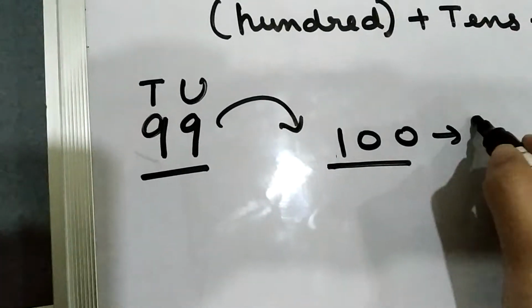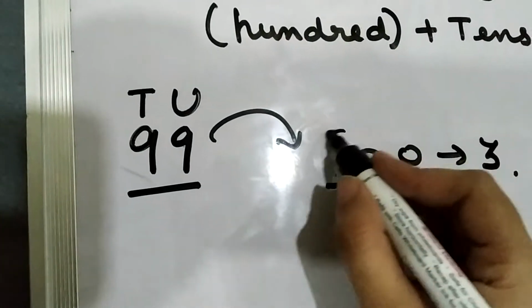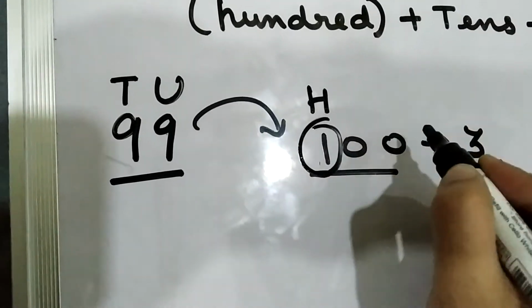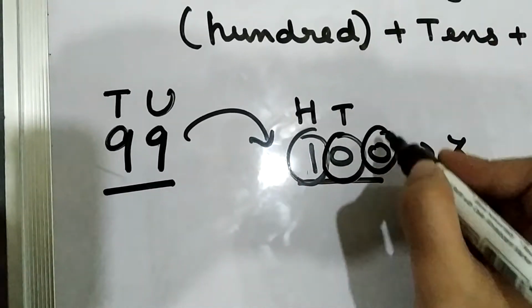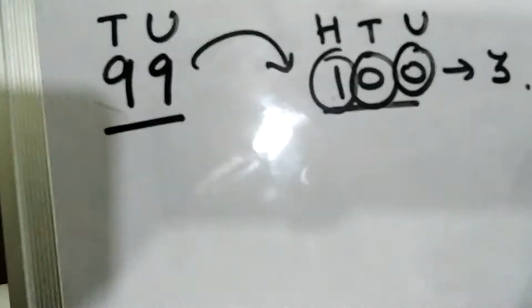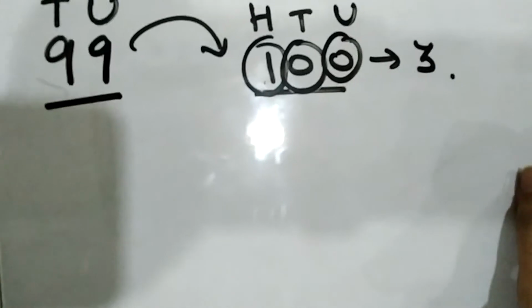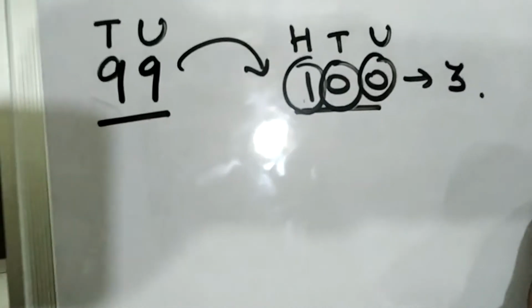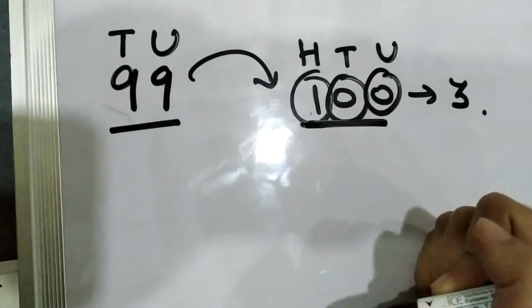So now things change. This position is your hundreds position, this is your tens position, and the last one is your units position. We have 3 digits over here, so that is why we include the hundreds.